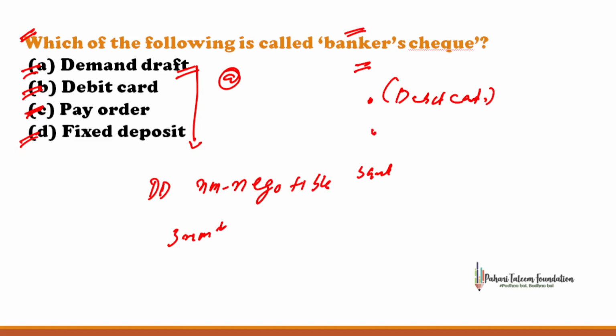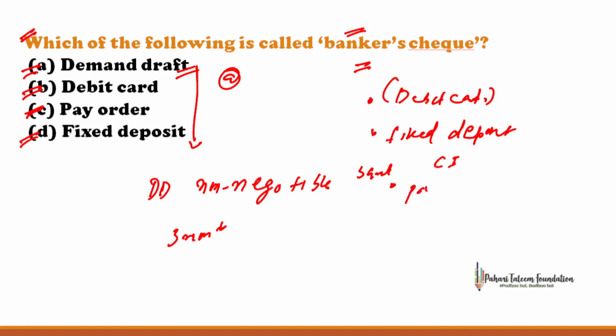Another point is fixed deposit. What does fixed deposit mean? In a fixed deposit, you put a sum amount in the bank for a fixed tenure at an agreed rate of interest, and at the end of the tenure you receive the amount which was invested with compound interest.